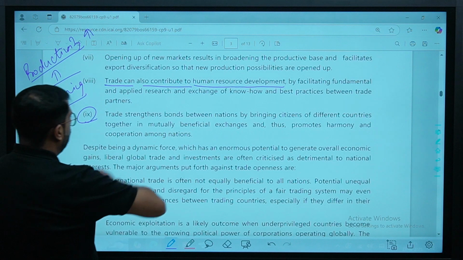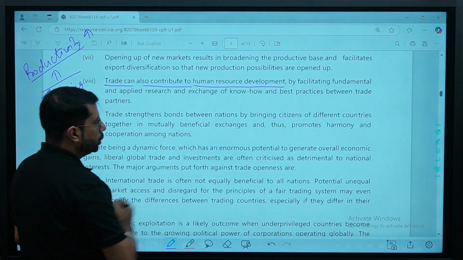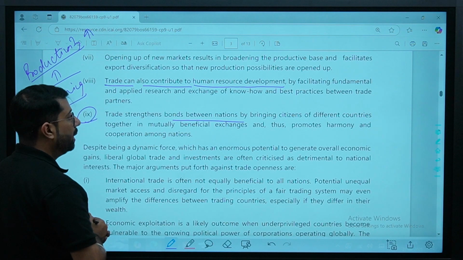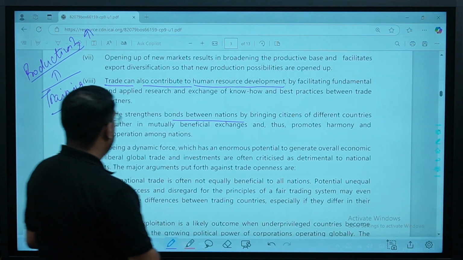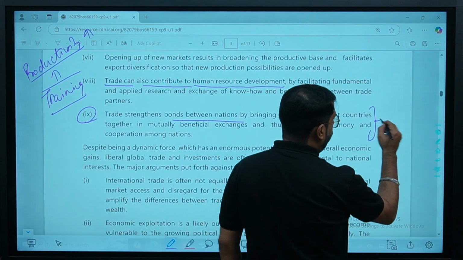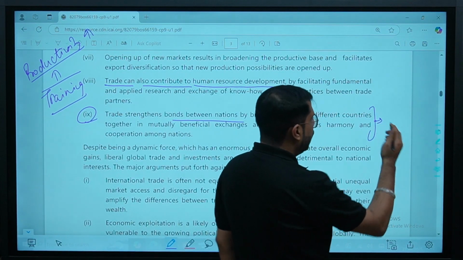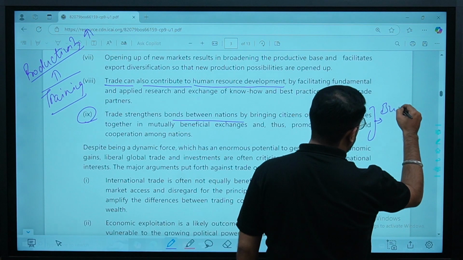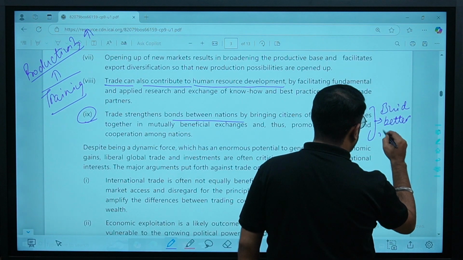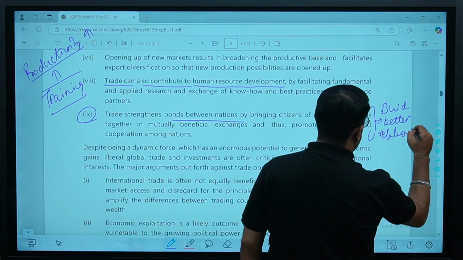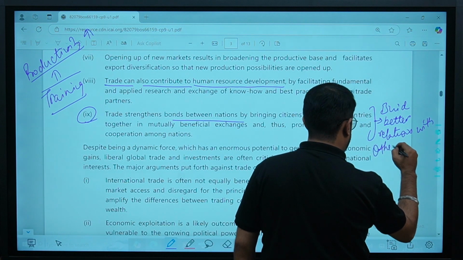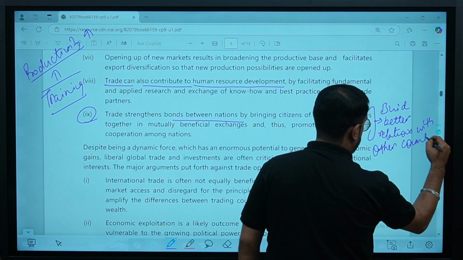Last point says trade strengthens bonds between nations by bringing citizens of different countries together in mutually beneficial exchanges and thus promotes harmony and cooperation among nations. What it is trying to say is that when you do international trade with another country, you build better relations with the other country.